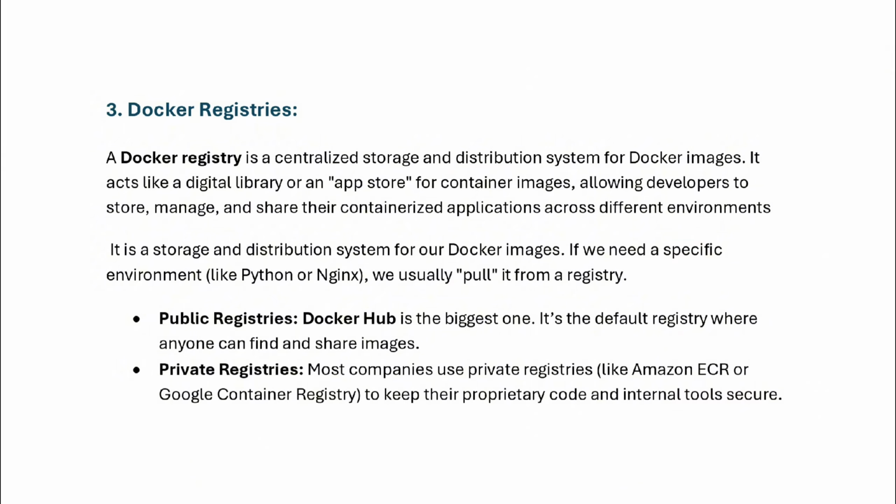Public registries. Docker Hub is the biggest one. It is the default registry where anyone can find and share images. Private registries. Most companies use private registries like Amazon ECR or Google Container Registry to keep their proprietary code and internal tools secure.